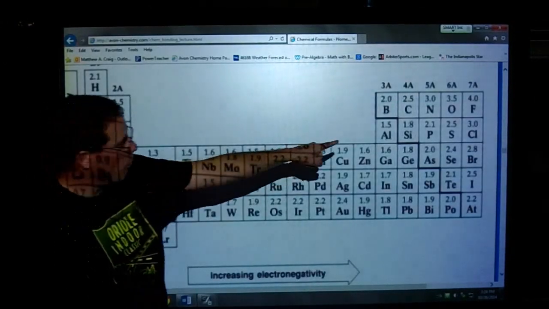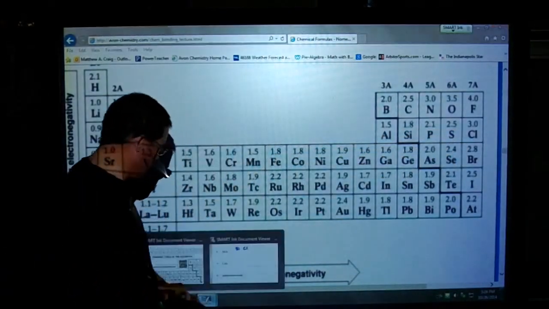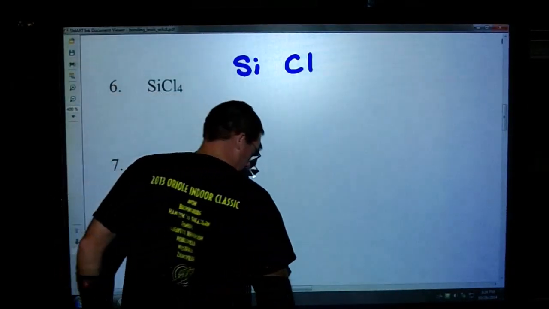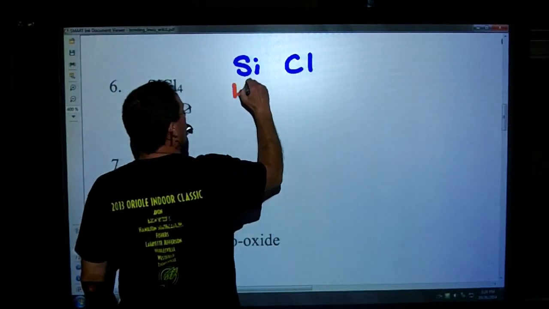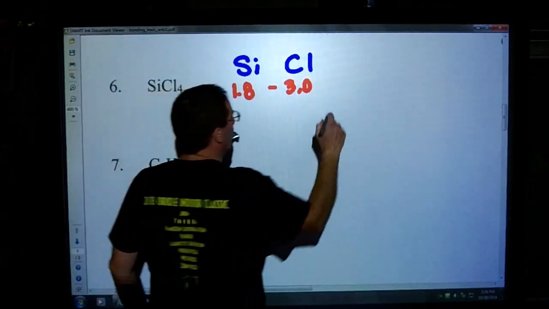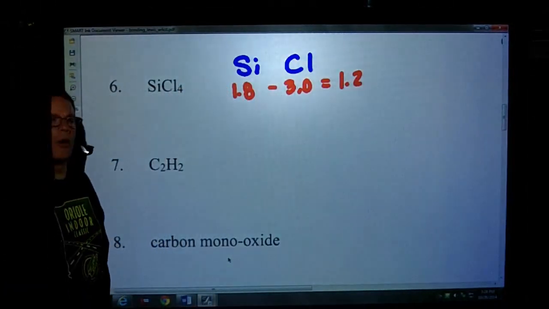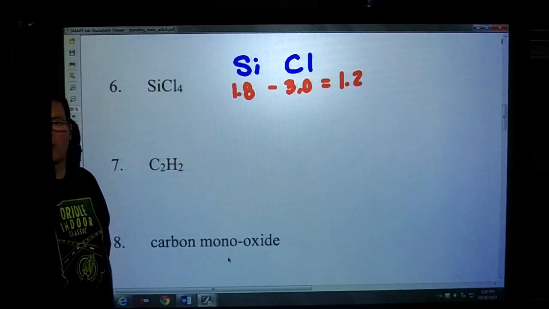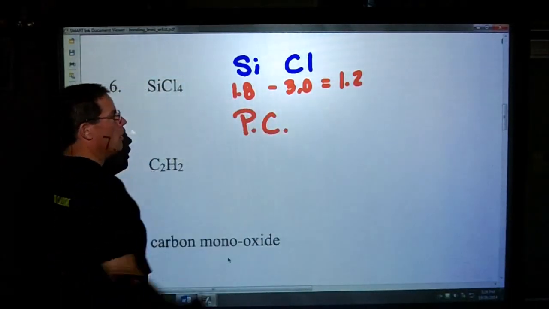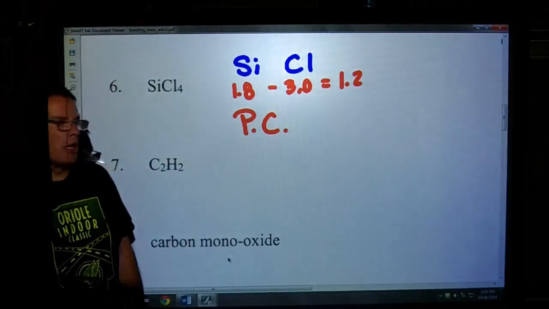Silicon has a value of 1.8, chlorine 3.0. That would give a negative, but just drop it. So it's 1.2. A difference in electronegativity of 1.2 gives us a polar covalent bond, which means that the electrons being shared between the atoms are not being shared equally.